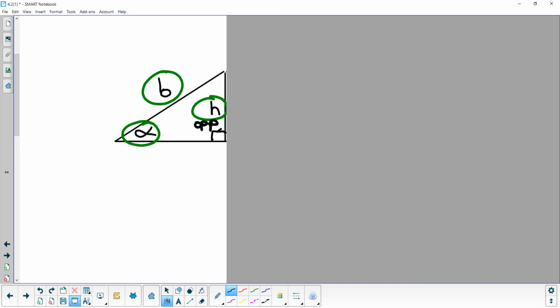And how about the side that's labeled B? What side is that? That's my hypotenuse. Okay, so now I know the names of the two sides, opposite and hypotenuse. Which trig function, sine, cosine, or tangent, involves the opposite side and the hypotenuse?